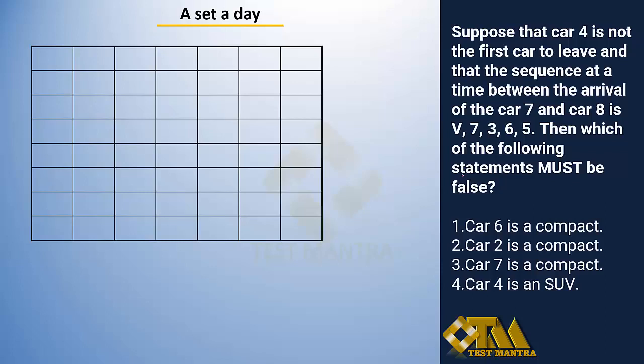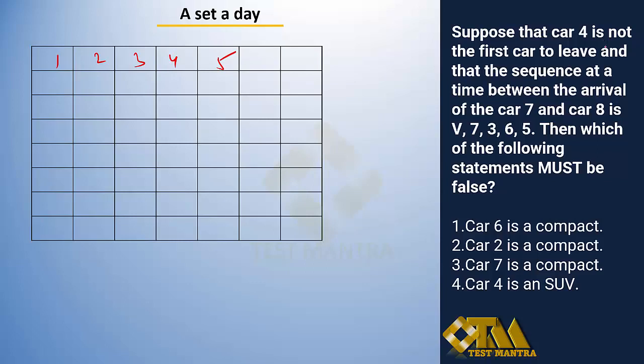So possibly we are talking about the compact cars only, right? So let's mark 1, 2, 3, 4 and 5, and I want to reach V7365.